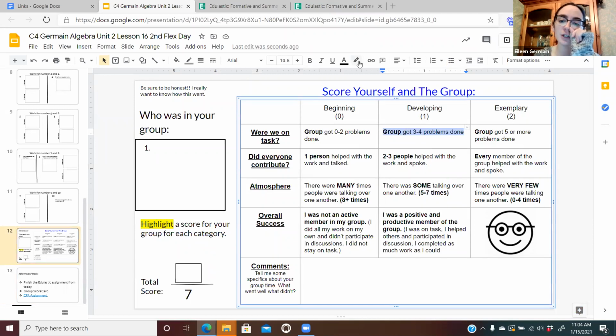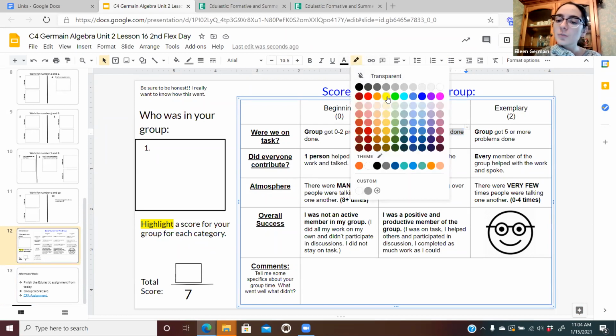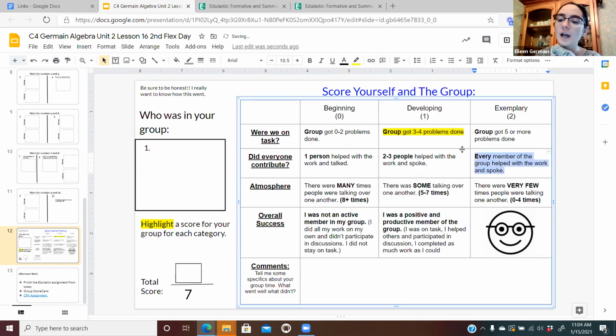Group 4, you don't need to put Caden down because he was not there. You're going to highlight the score that you believe your group got. Did every member of the group help with the group work and speak? Make sure you're looking at these number indicators when you're making your decision.